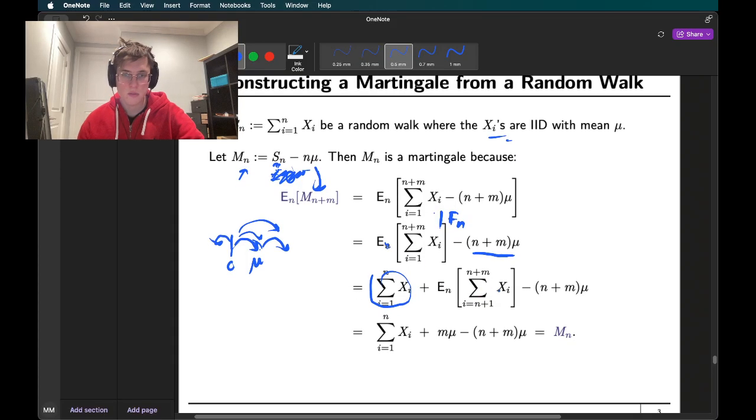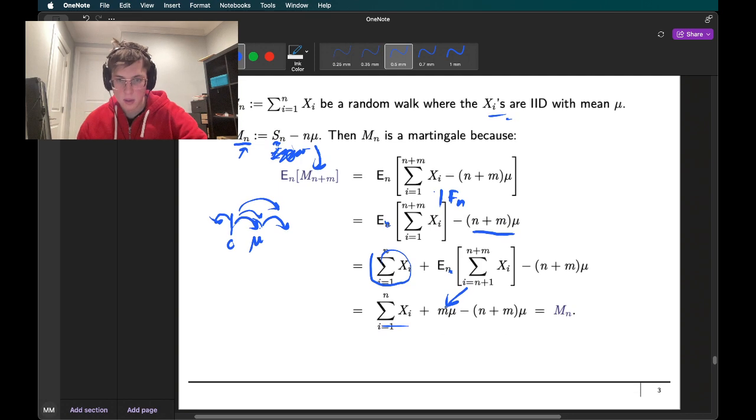Then the expectation of this is not dependent on the F_n at all. It's independent because the X_i's are independently identically distributed. That's why this becomes mu here, and so we end up with M_n, right, which is just this plus, and then this cancels out, and we end up with just M_n. So S_n minus n mu, right?